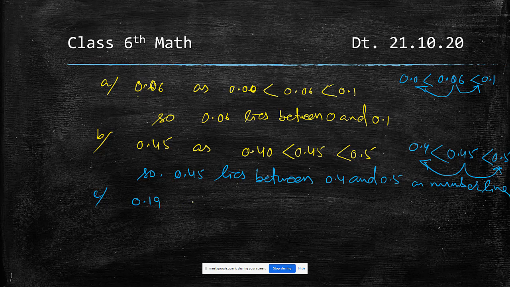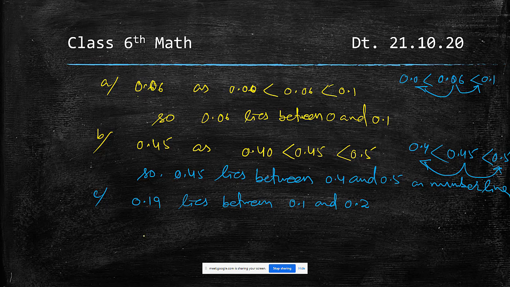Tell me. 0.1 first number, and the second number is the next number, that is 0.2. This hundredths number we will not count. We will take the tenths number and its next number.